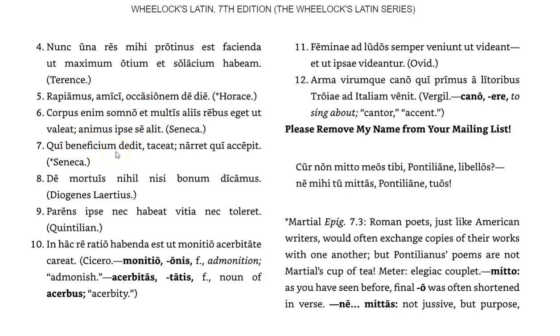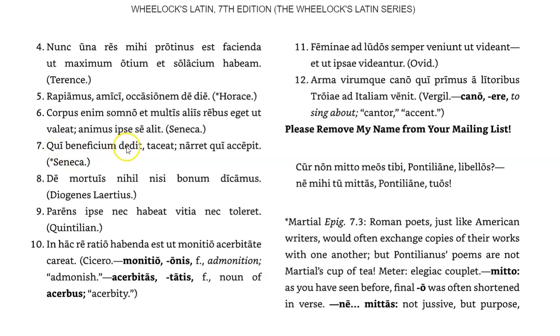Number 7, qui beneficium dedit taceat, narret qui accepit. So we have Seneca, another, well, not another, but we just read an idea from him a moment ago, so we should have a similar idea of some moral disposition towards life.